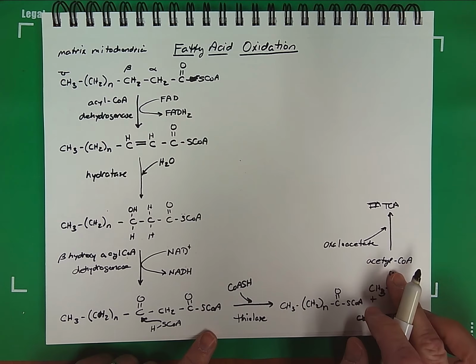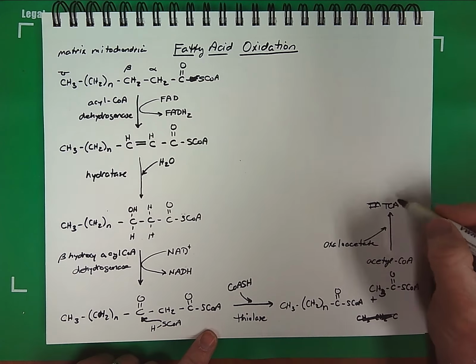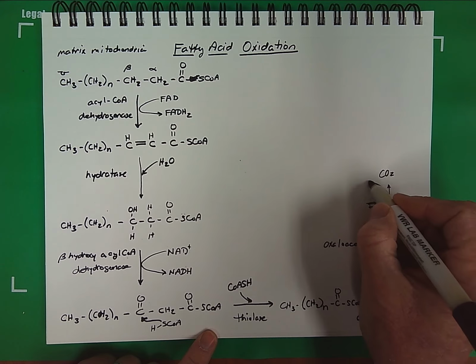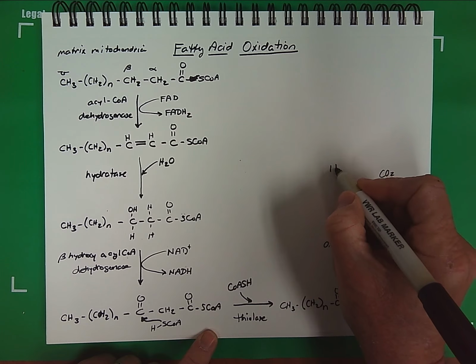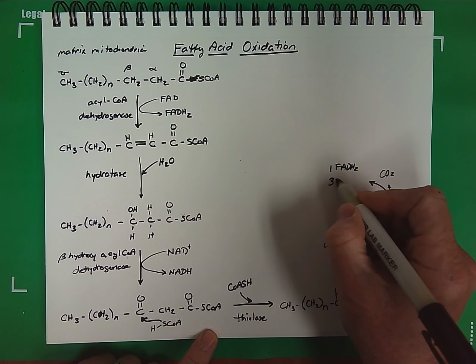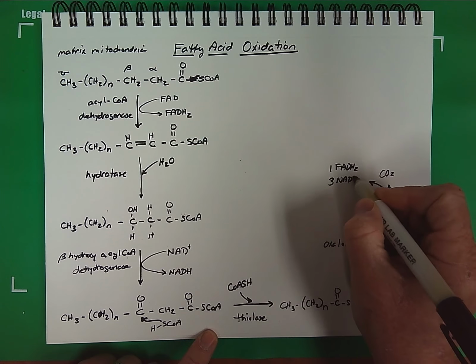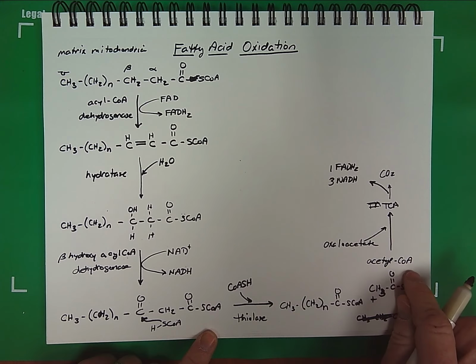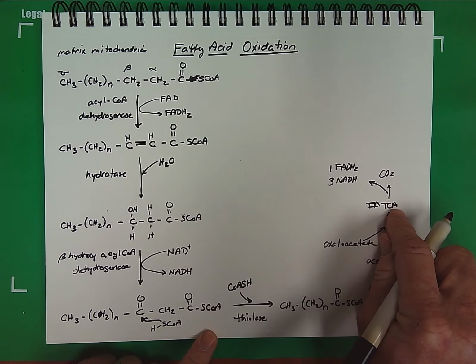We will fully oxidize the acetyl-CoA into CO2, and recall from these TCA reactions we will obtain 1 FADH2 and 3 NADH molecules per acetyl-CoA that goes into the reaction.